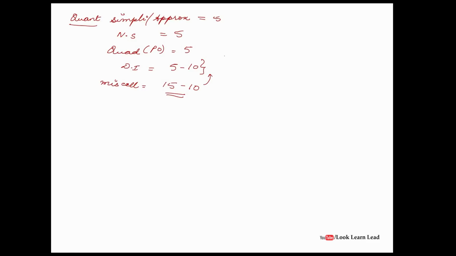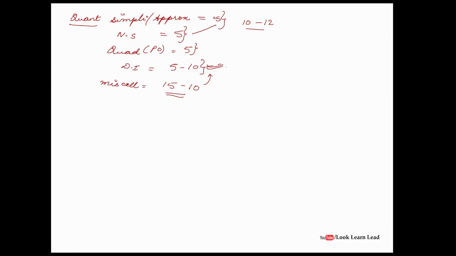Now see, if you solve these approximations and number series in 12 minutes, you would get around 10 questions in 12 minutes. Quadratic equation would be easy. You can solve this, or you can go for one easy DI.